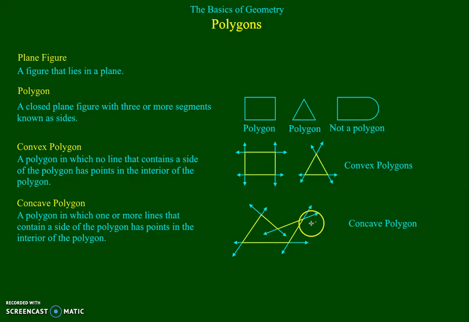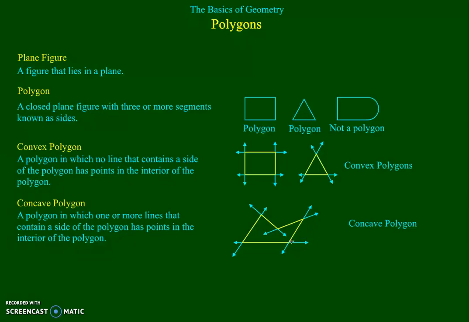This line has points over here in the interior of the polygon. So a concave polygon is a polygon in which one or more lines that contain a side of the polygon has points in the interior of the polygon. So that makes it concave. So again, a very quick visual. If the thing looks caved in, it's probably concave. Formally, if a line containing a side has points in the interior, then it's concave.